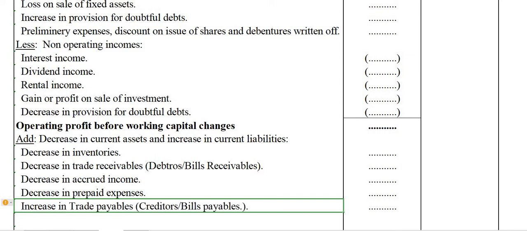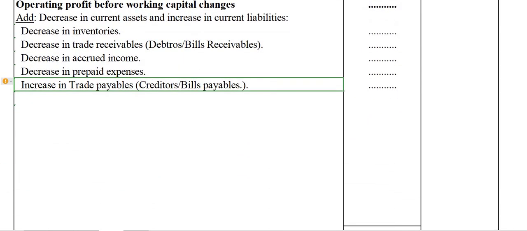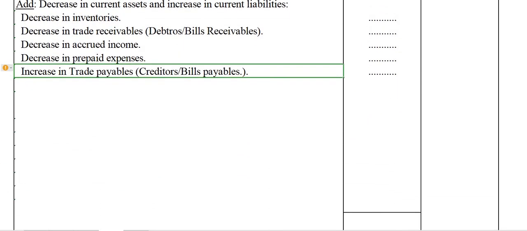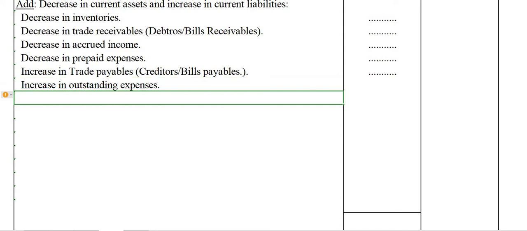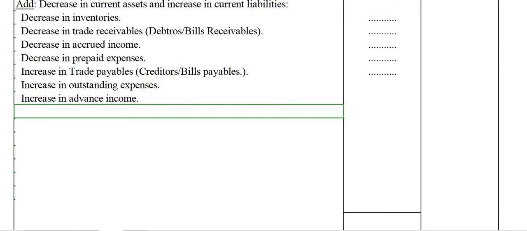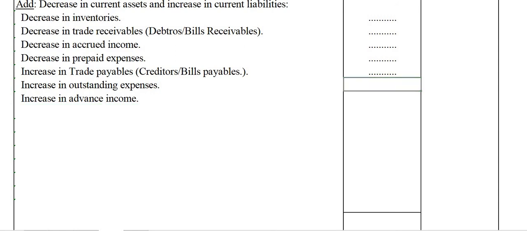So first of all you can see trade payables, that is bills payable and creditors, that also will be added. That means all the decrease in current assets and increase in current liabilities will be added. Increase in outstanding expenses, then increase in advance income, income received in advance is a liability. If that liability increases, it will be shown. So these can also be written here.